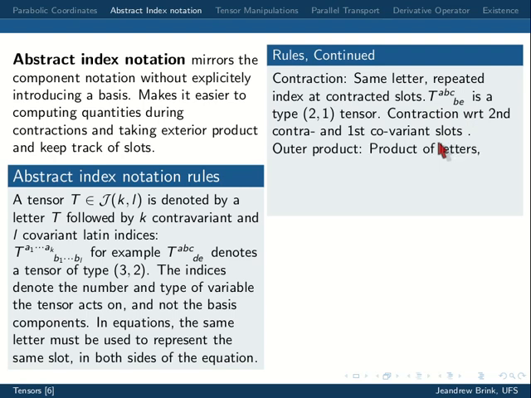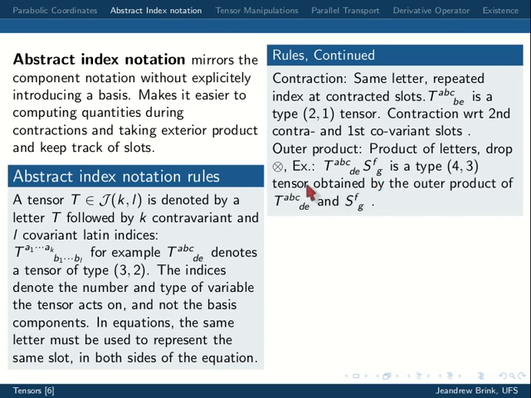And for the outer product, we use the product of letters, and we simply drop the outer product sign. For example, we're going to have something like this, where we have T, A, B, C, D, E, S, F, and G. It's the outer product of two tensors, and that tensor is a type 4-3 tensor, in other words, 4 indexes on top and 3 indexes below, and it simply means you multiply the things in those slots.